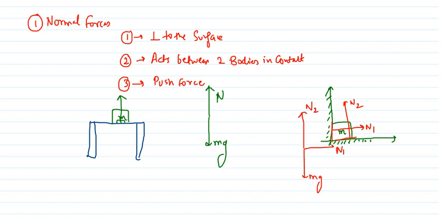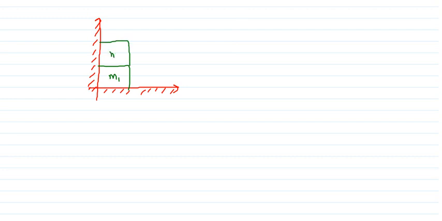Let's take one more example. Suppose this is one wall, this is another wall, and suppose we have two masses. This is mass m1 and this is mass m2, and I want to draw the free body diagram.